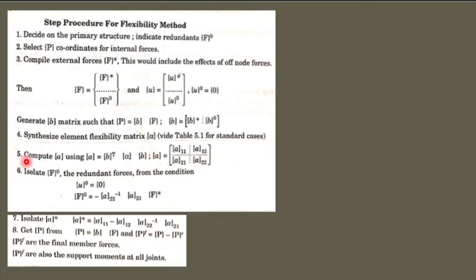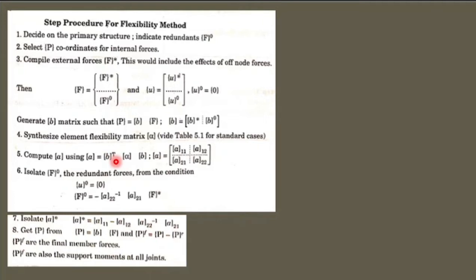And step 5 is to compute the A matrix. What is the A matrix? It equals the B matrix transformation. So what is T in the sense? Transformation. In matrix method of analysis, you have a property for an element. What is transpose? What is the transpose property for a matrix?